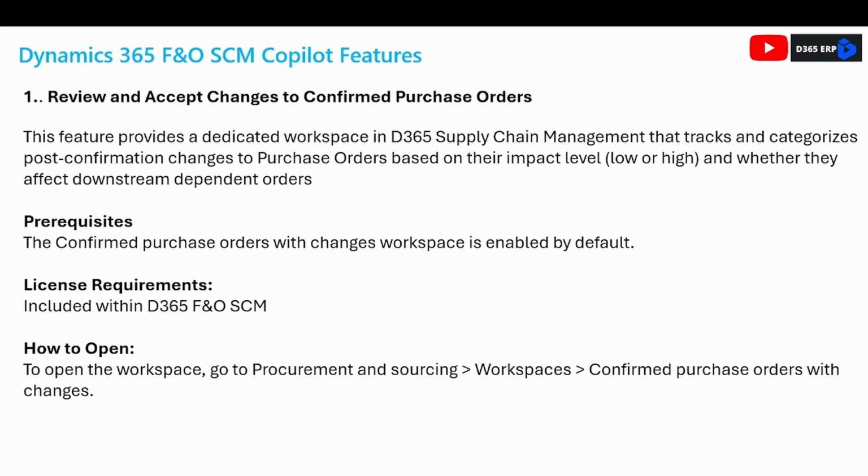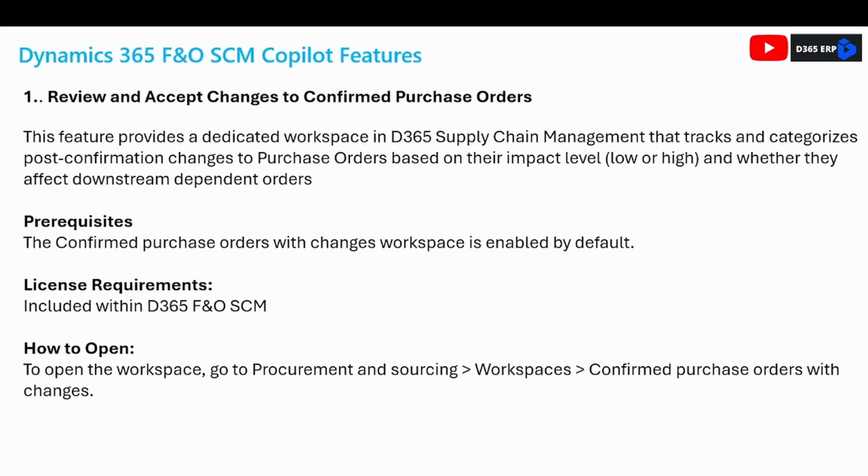Let's discuss the cycle. Whenever you create a purchase order, you add the purchase order lines and send that purchase order to the vendor for confirmation. Once you receive the confirmation, you confirm this purchase order in Dynamics. Once the purchase order gets confirmed and your procurement team plans to change something in it, this workspace differentiates the purchase order changes into three parts.